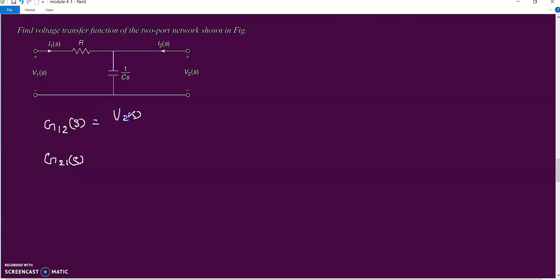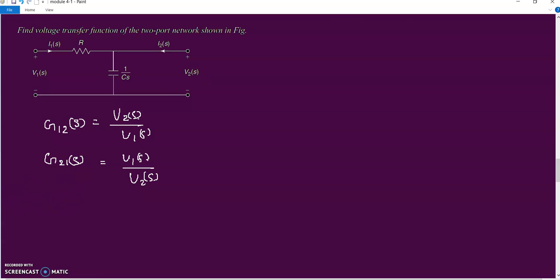That is V2 of S by V1 of S and V1 of S by V2 of S. If we find one, the other is understood, that is reciprocal. So we have to find the relationship between V2 of S and V1 of S. V1 of S is the input voltage and V2 of S is the output voltage. So by looking into such a circuit, how can we find a relationship between V1 of S and V2 of S?